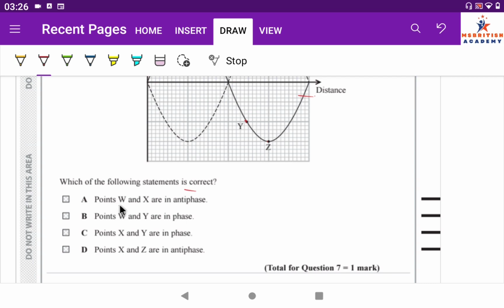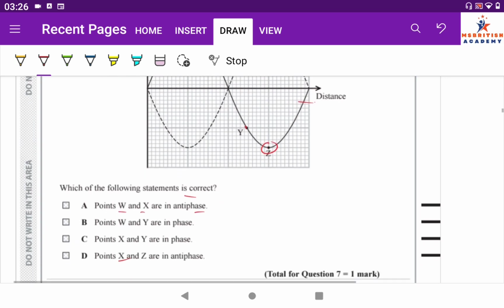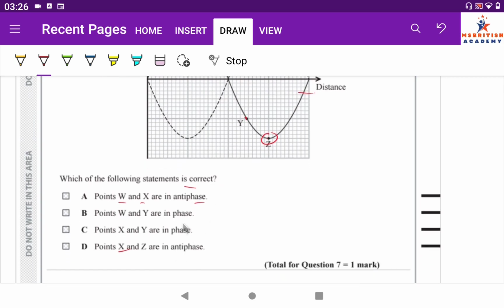W and X are in antiphase, W and Y are in phase, X and Y are in phase, or X and Z, this is X and this is Z, in antiphase.